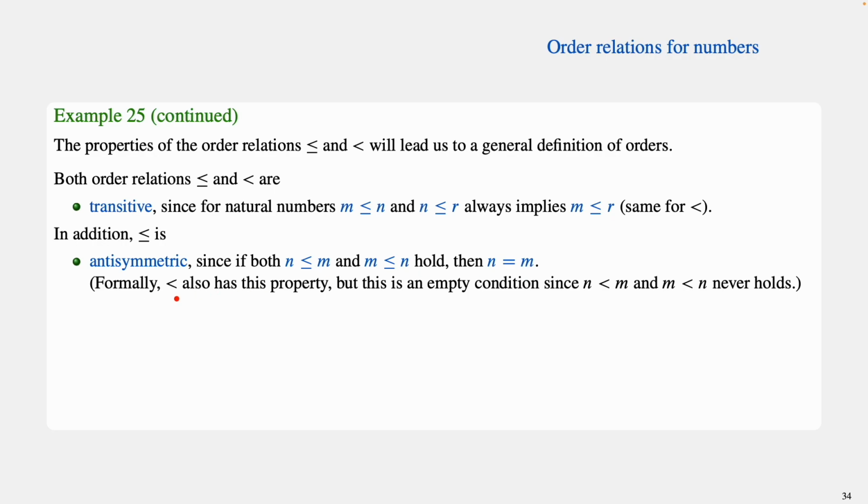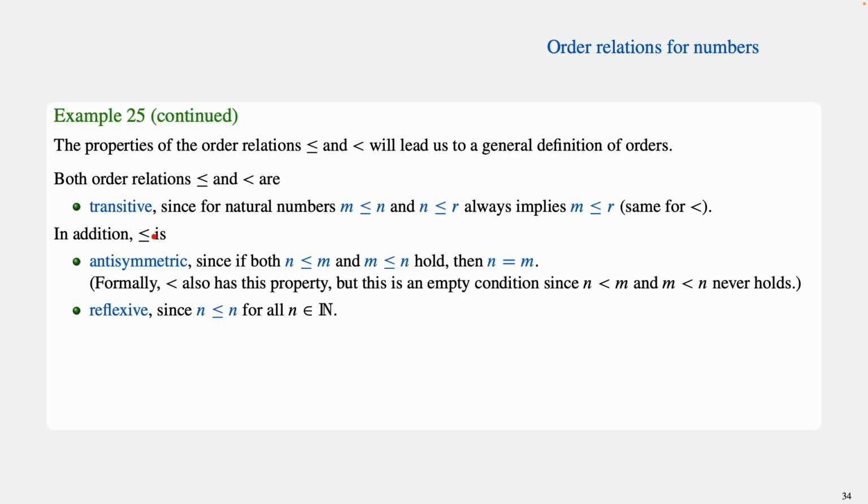Now formally you could say that the strict relation also has this property, but in fact this is an empty condition on the strictly less relation, because n less than m and m less than n never hold. So you could say this implication here is true even for the strict relation, but that is only the case because the assumption of the implication is never satisfied. So it's an empty condition.